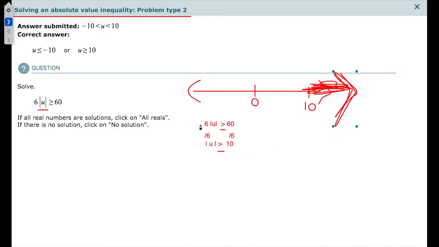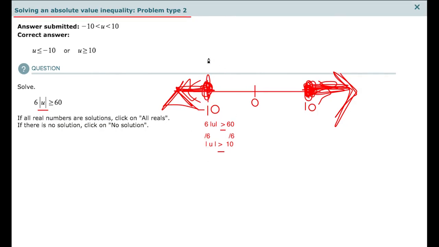And there would be a point right here because it could be equal to 10, so we have a filled in circle right here. We could also have it be greater than or equal to negative 10 because all of this is also greater than or equal to 10 steps away from 0. So all of this, including anything going this way, and also including this point right here at negative 10, are both of our answers.